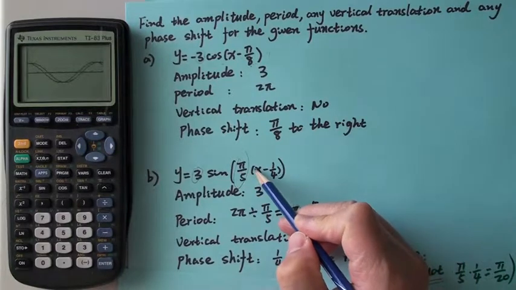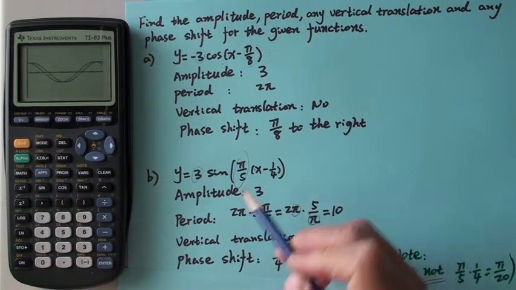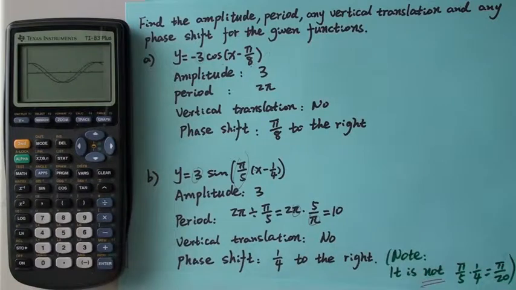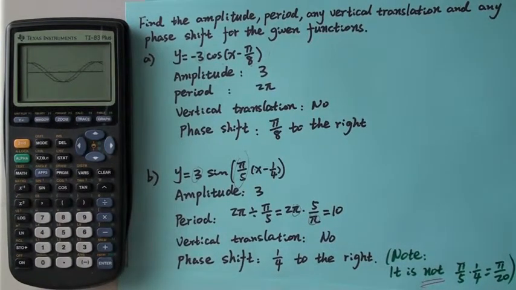Please note the coefficient of x inside the quantity is 1. This is the thing you want to be clear about. All right, I'll see you next time.